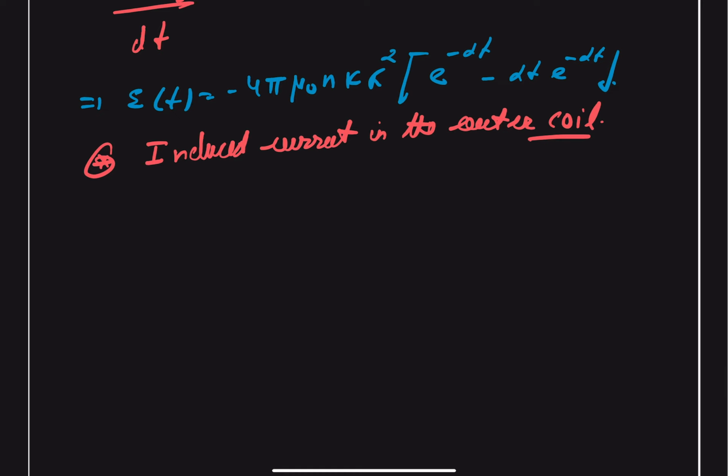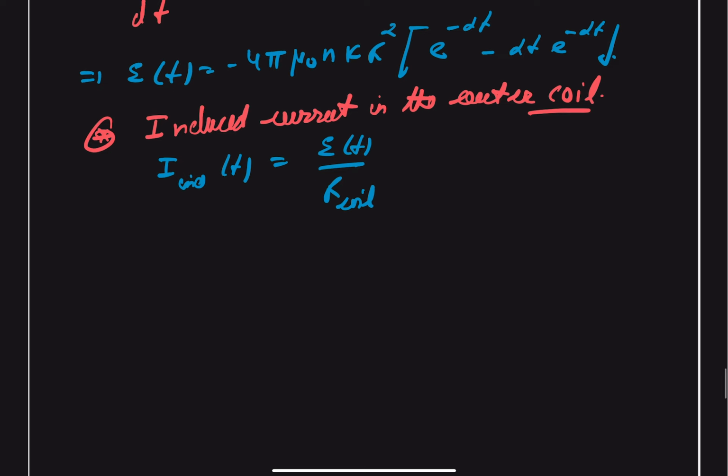So let us write it as I induced with respect to time t will be equal to EMF divided by the coil resistance, that is R coil. We are going to keep R coil as R coil because it is not mentioned in the question what its value and range are. So we are only interested in the graphical representation.